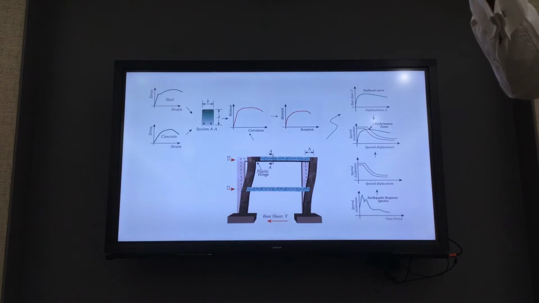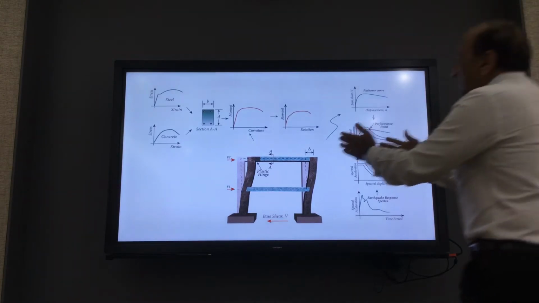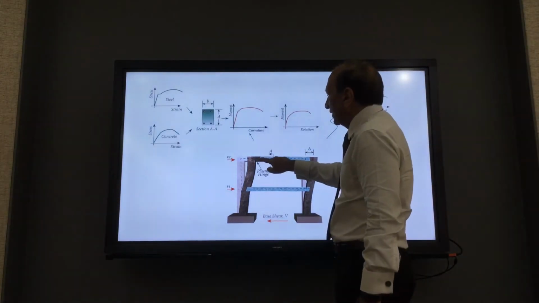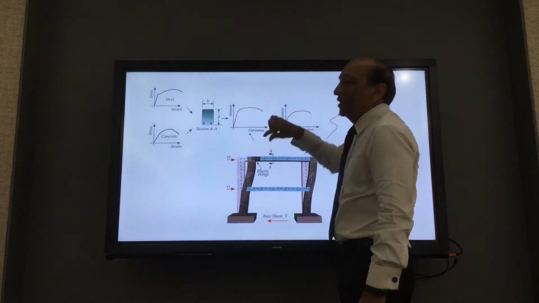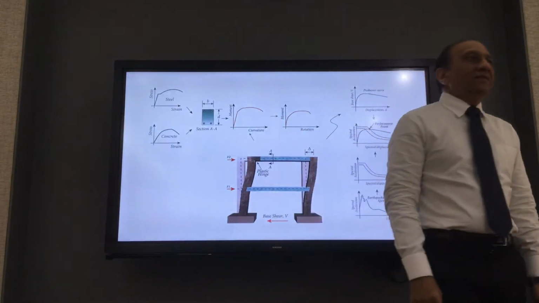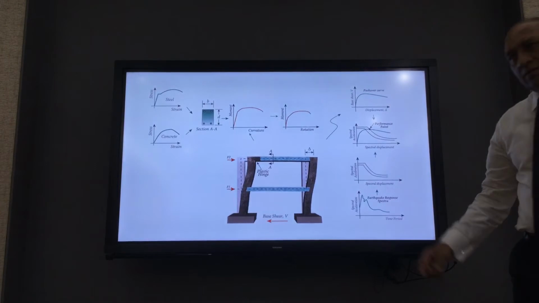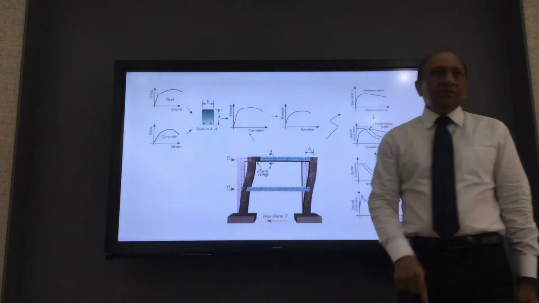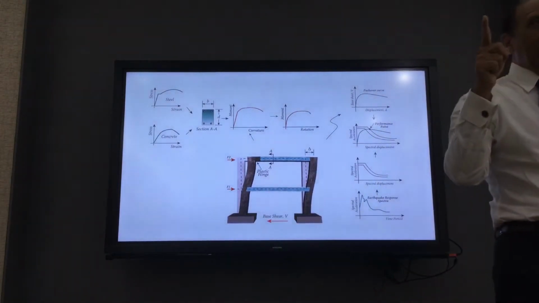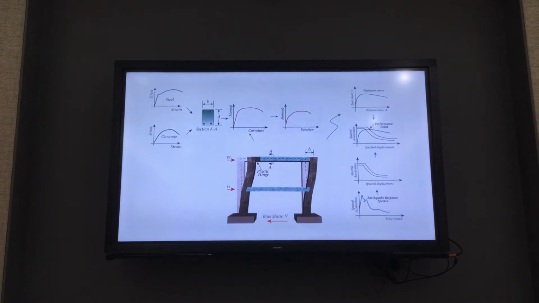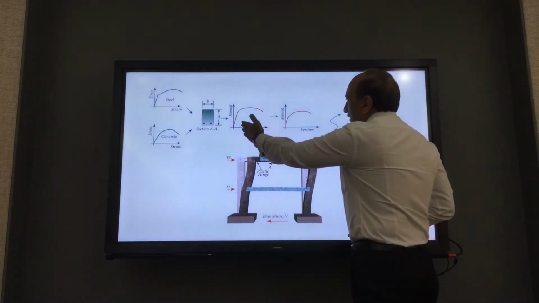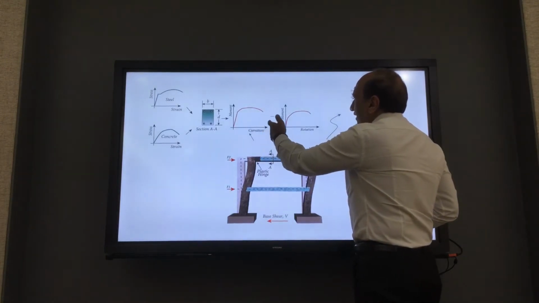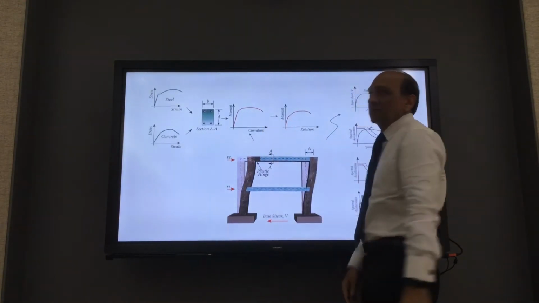So we assume that the beam will yield over a certain length, normally called the plastic hinge length, and this is typically equal to the depth of the beam. So if the beam is 500, the length of the hinge will also be 500.